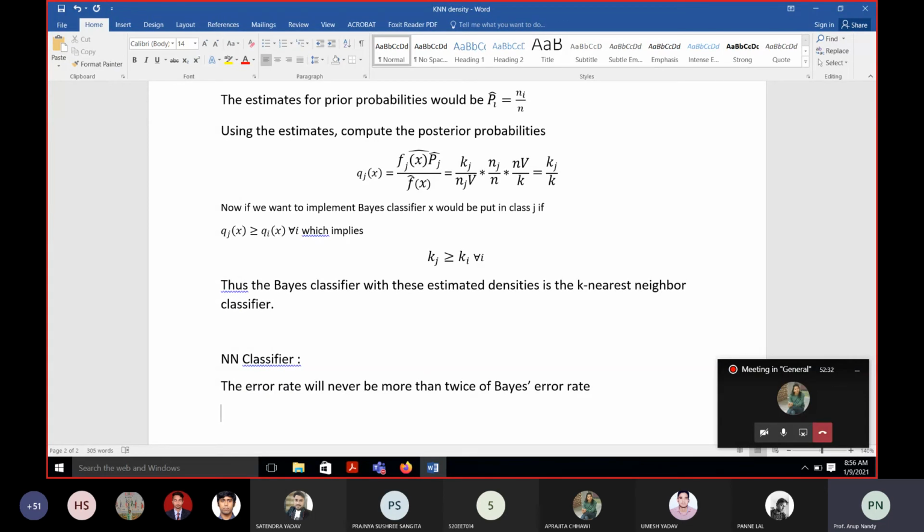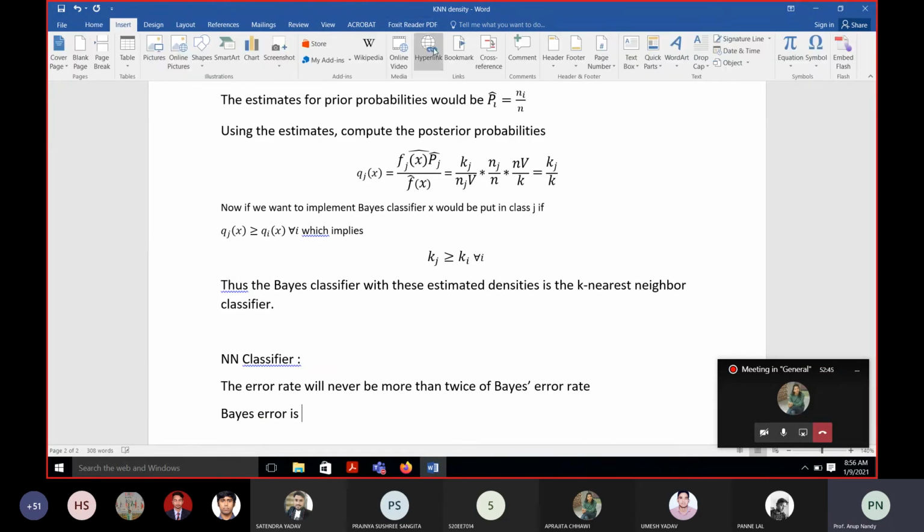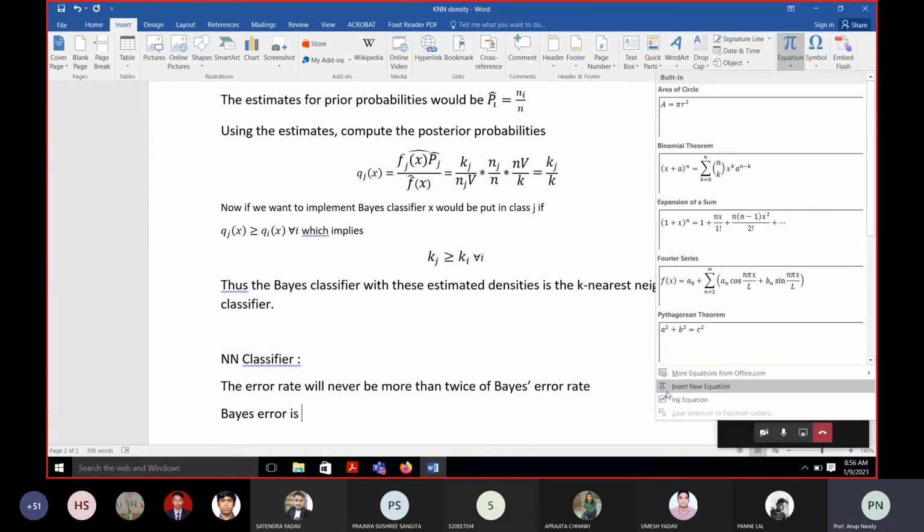Now, suppose you consider the Bayes error is P star.